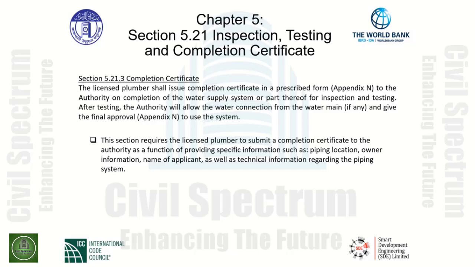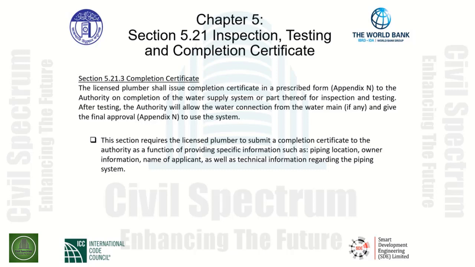After testing, the authority will allow the water connection from the water main and give the final approval to use this section or to use the system if it's a brand new water supply system.